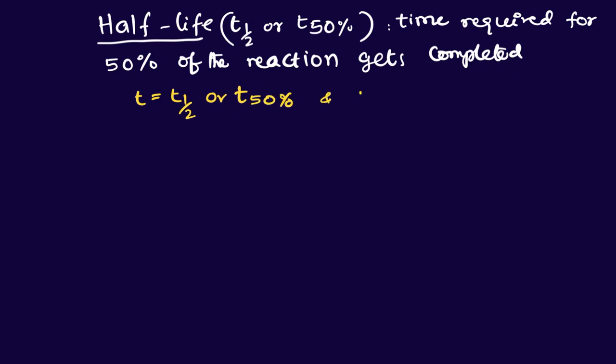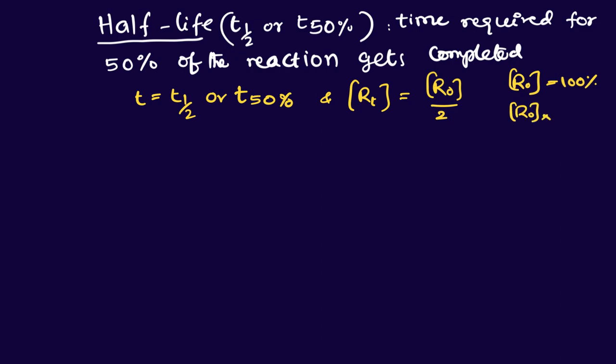And next, R at T time concentration is represented as R naught concentration by 2. Why is this R naught by 2? It means 50% of the reaction is complete, 50% of the reactant left. So initial how much? R naught. This is called 100%. Then how much left now? Left amount is 50%, represented as R naught into 1 by 2. 50% left. That's why it is R naught by 2.